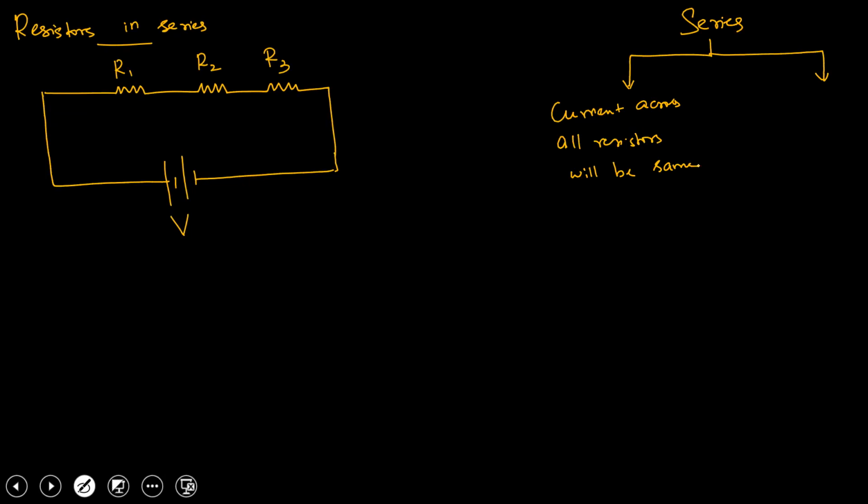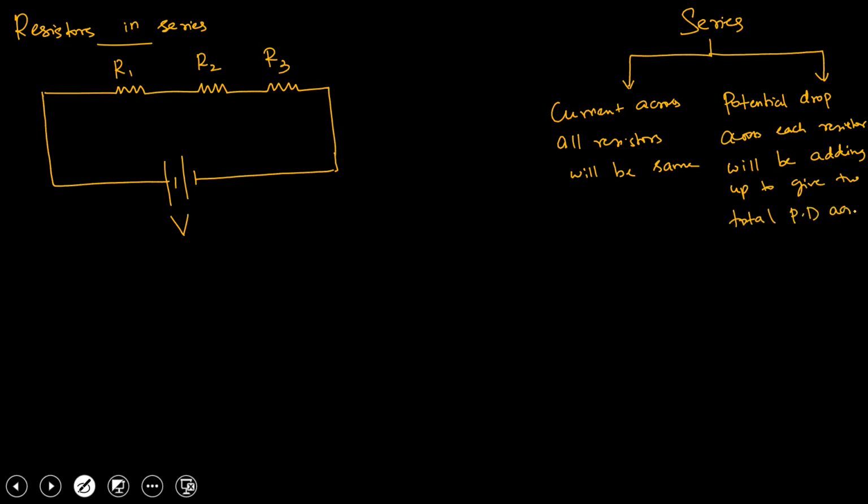Whereas the potential drop across each resistor will add up to give the total potential drop across the circuit.